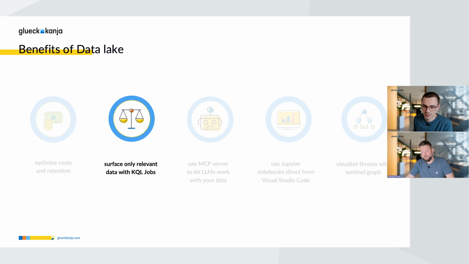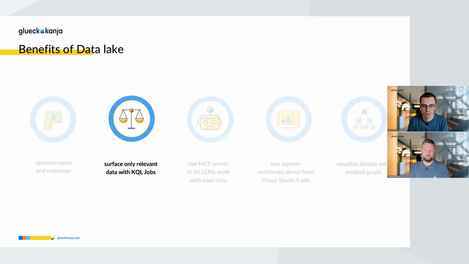Yeah, we showed you that in some cases it's reasonable to skip the analytics tier and ingest directly into the data lake, like for, let's say, firewall raw logs. And if you are maybe a fan of TI IOCs, you want to surface a subset of the data and bring it also to the analytics tier to allow you to have some detections on it.